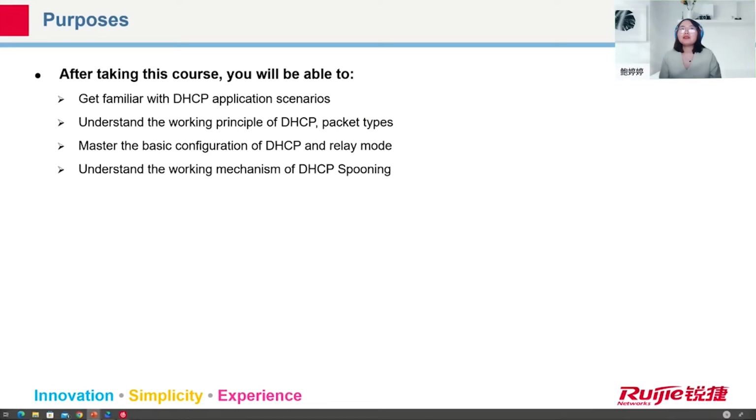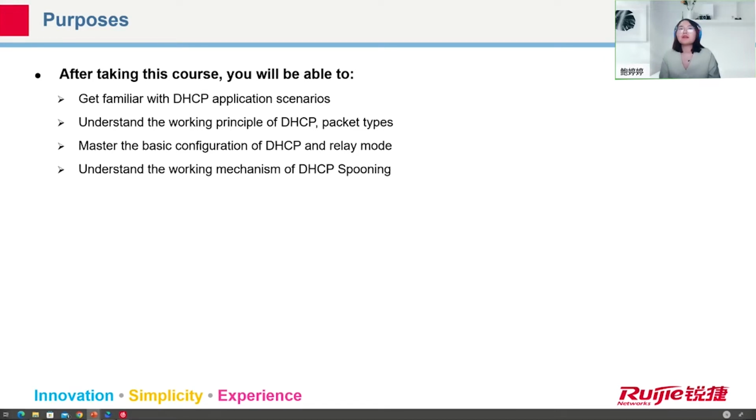After taking this course, I hope you will be familiar with which scenarios DHCP is better for, then the working principle of DHCP and what different types we will use when we deploy DHCP. Second, we will learn the key configuration of DHCP and a special application for the relay.